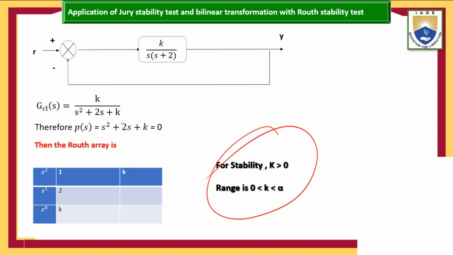If you take K equal to infinity, this is the way we have to find the stability of the system from the application point of view.